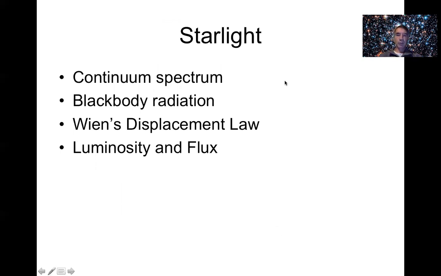So this is the broad band color of light coming from stars, and we're going to introduce the concept of black body radiation, which is extremely useful, and then two things that flow directly from that: Wien's displacement law and concepts of luminosity and flux, and how that's related to the temperature of the star.